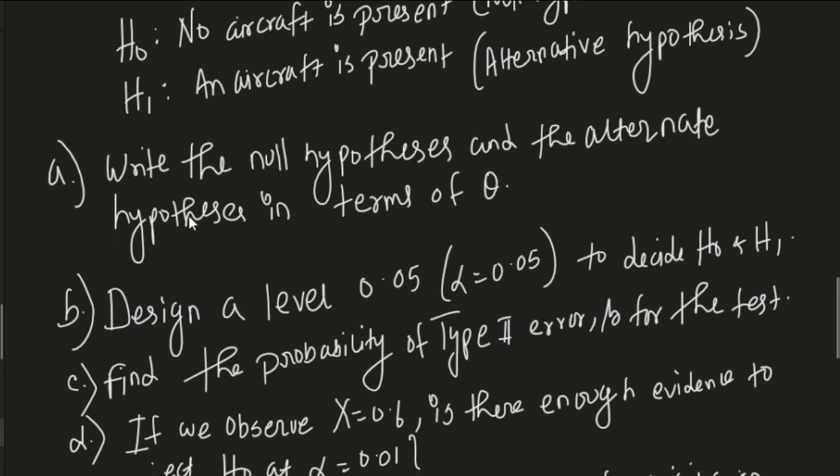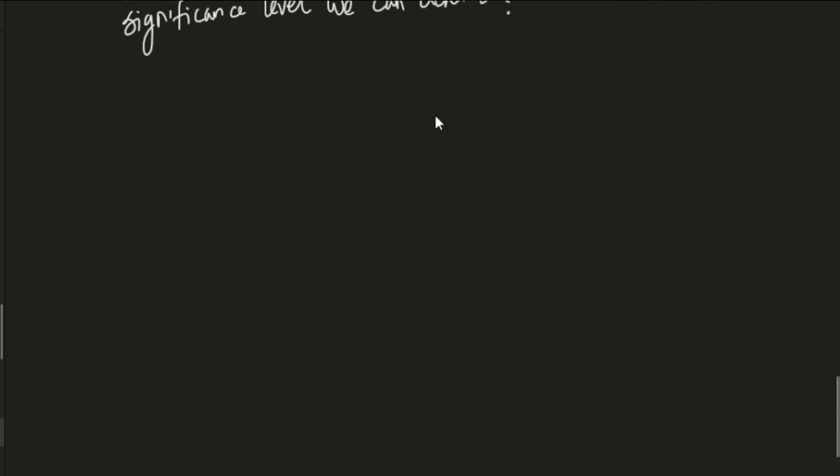Now the questions. Let's go for number 1. Write the null hypothesis and the alternative hypothesis in terms of theta. So the simple hypotheses are as follows.